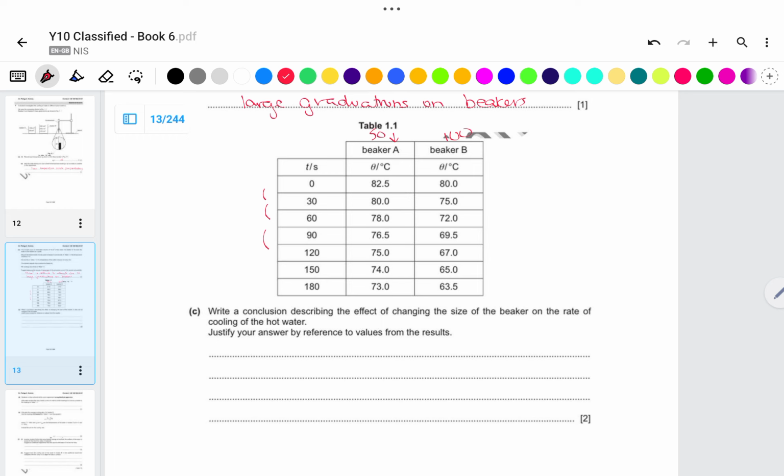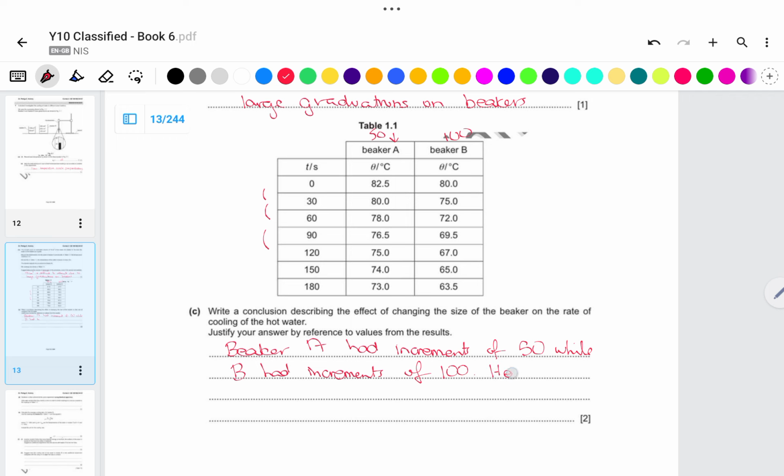So what we're going to say is that beaker A had increments of 50, while B had increments of 100.